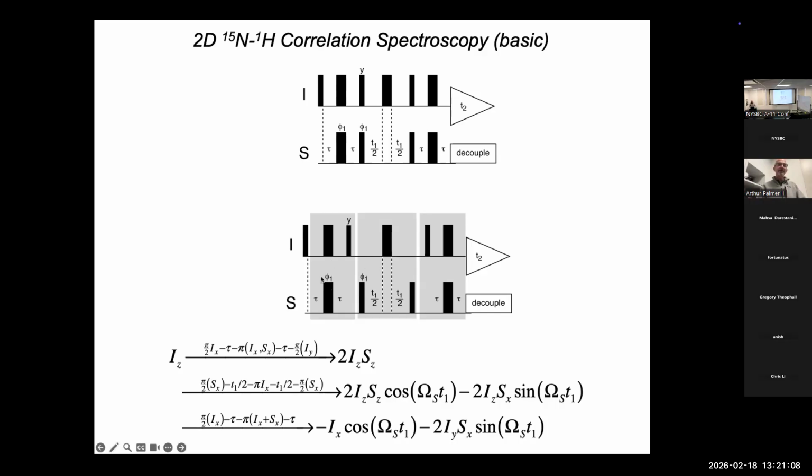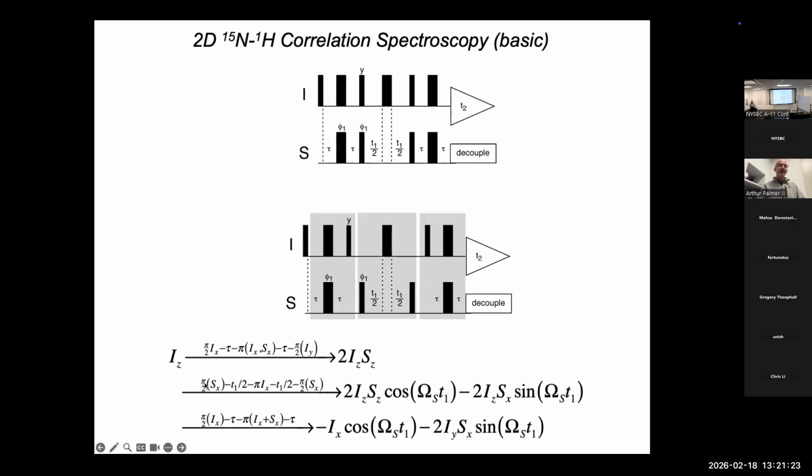So the other thing that usually gets done with phi1 is to change the phase from X to minus X. And what effect will that have?